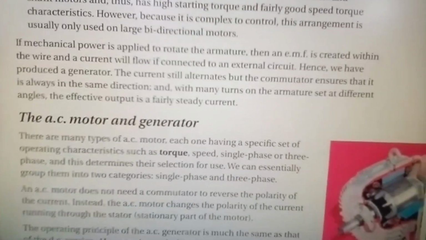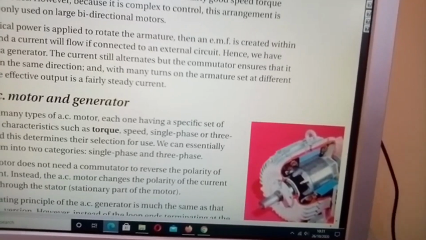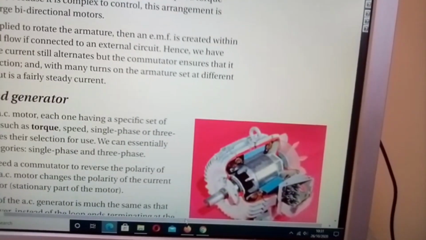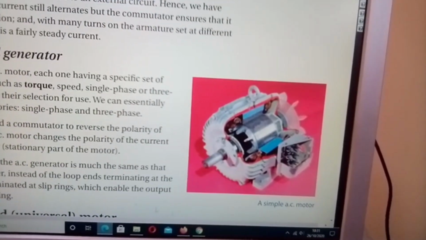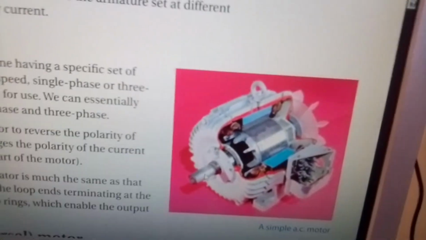This is for you to read at your own leisure, and I'm just going to bring in the motor here, which is located in the corner, just to show you what they're looking at and trying to state. And this is a simple AC motor. That's what they're trying to show you here.